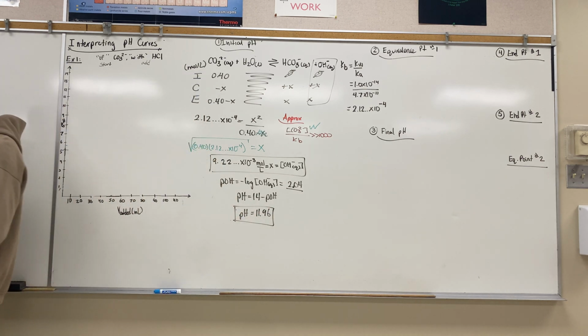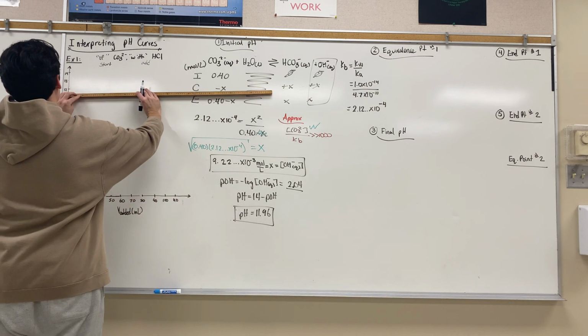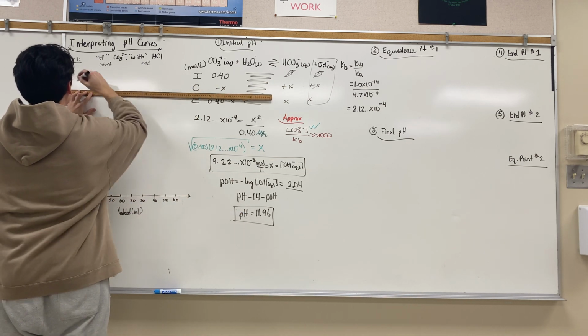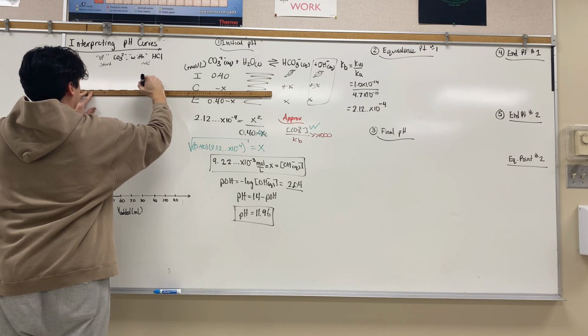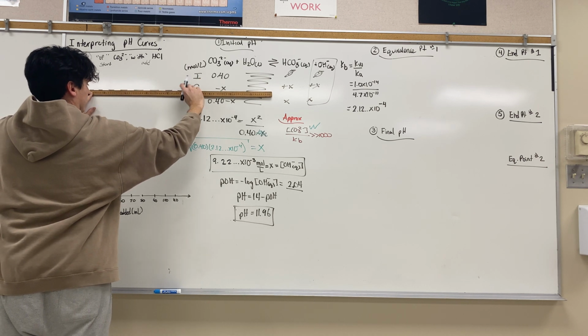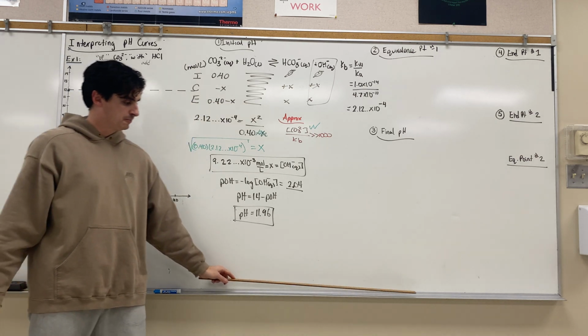Okay, whew, we're speeding through it. So what that means, guys, is I go up to my graph, and at 11.96, which is just under 12, I'm going to throw up my dotted line. Not only that, I'm also going to ensure that I have a dot at the initial pH.